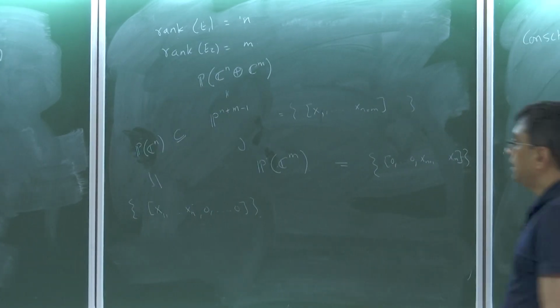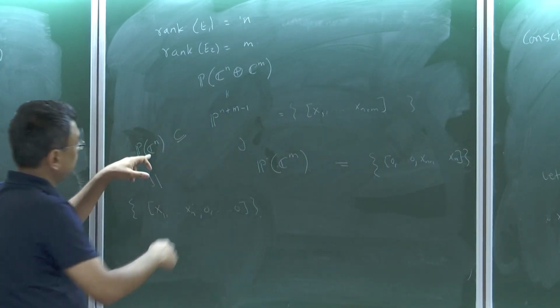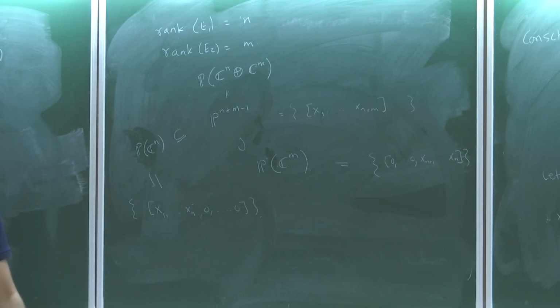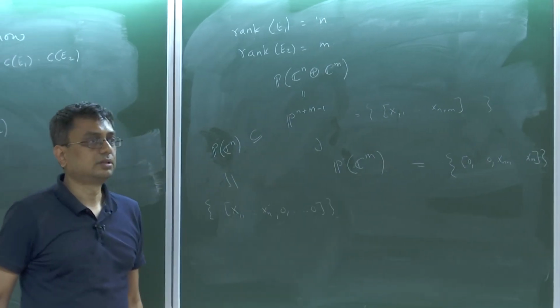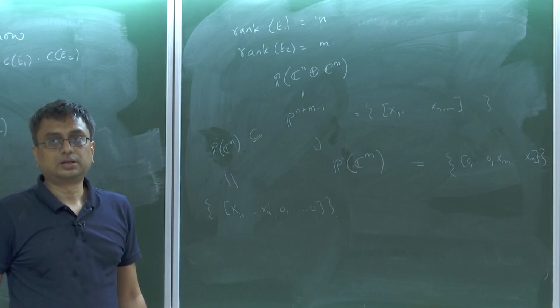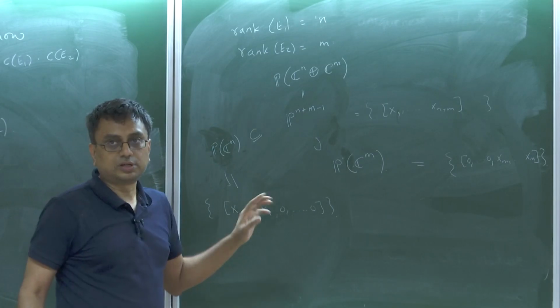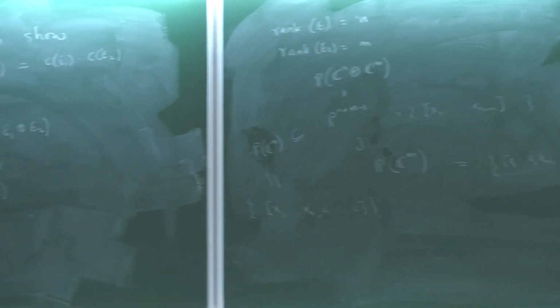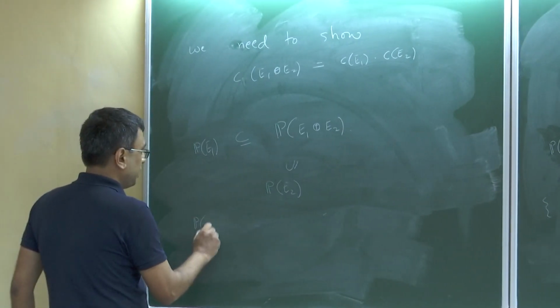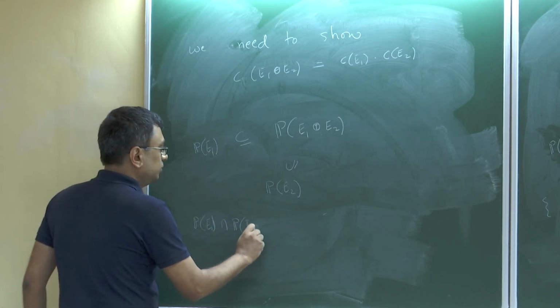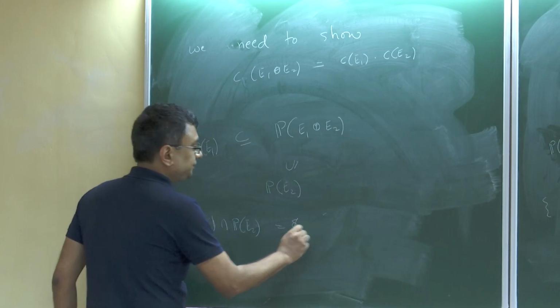So what will be the intersection of these two subsets, or subspaces, of P n plus m minus 1? It will be empty, because there is no point whose homogeneous coordinates are all 0. Okay, so let us make that observation here. So P of E1 intersection P of E2 is empty.